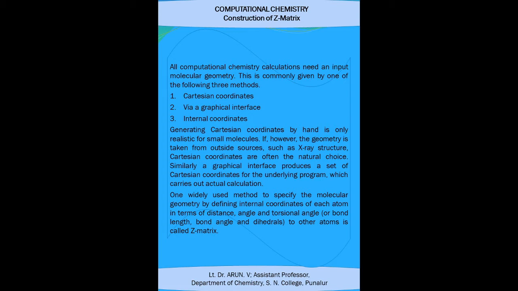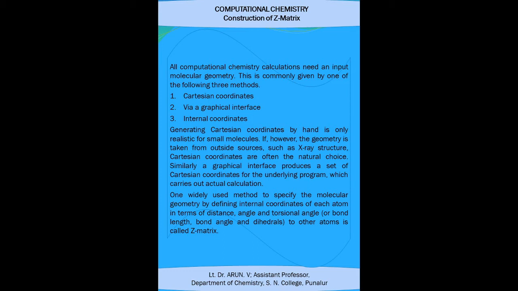This is commonly done by using one of the following three methods: by using Cartesian coordinates, or using a graphical interface, or through internal coordinates. By using these three methods, we have to give an input molecular geometry to a computer in order to do computational chemistry calculations.